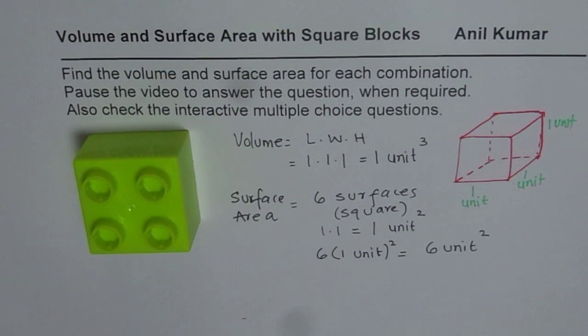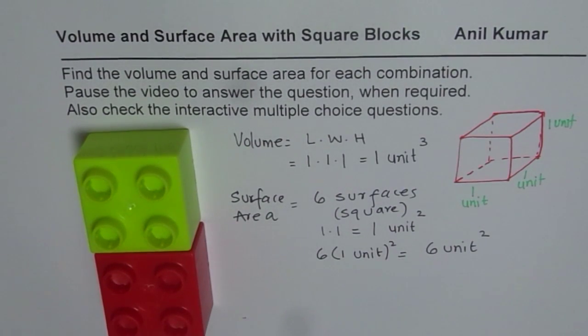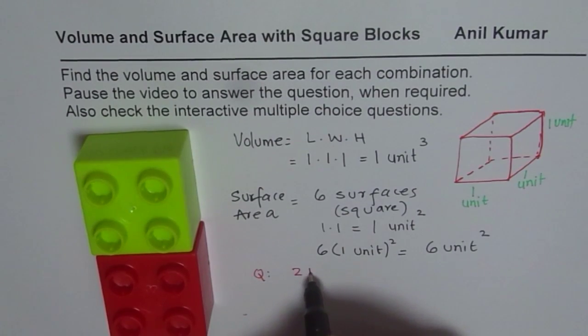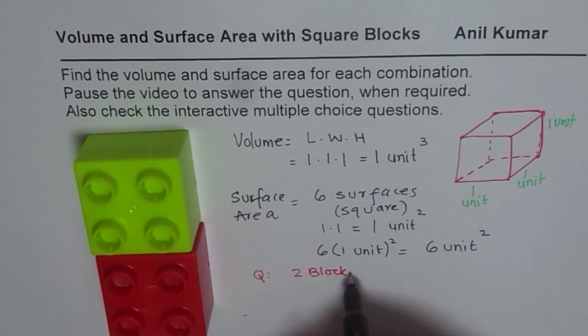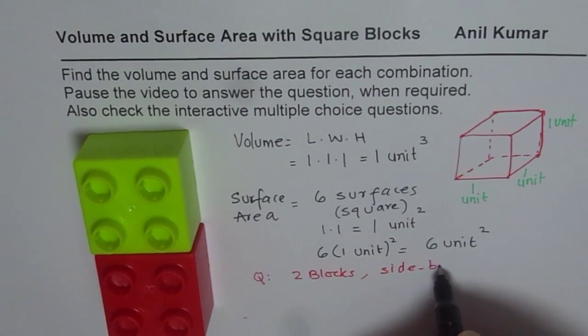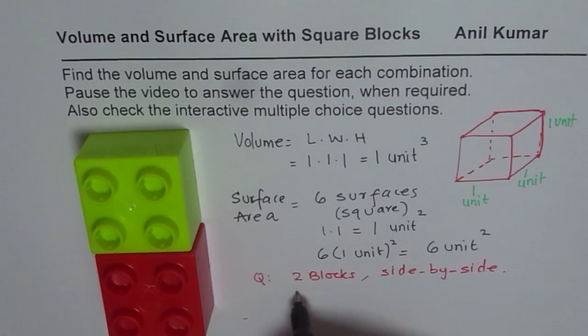Now here is a question for you. If I have 1 more block, let us say if I keep 1 block on the side, now we have 2 blocks. Now the question for you is, we have 2 blocks side by side, as shown, correct? Find its volume.